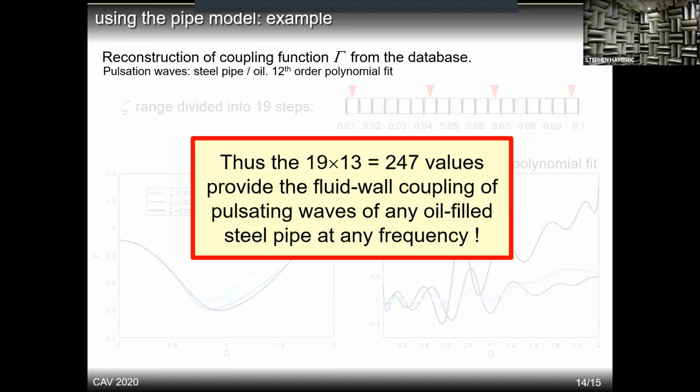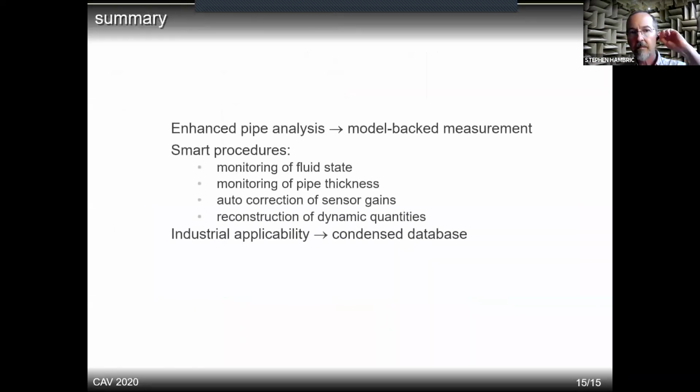So finally, we can see that the idea to have a very condensed database using this play with polynomials can work fairly well. And this brings us to the end of my presentation.